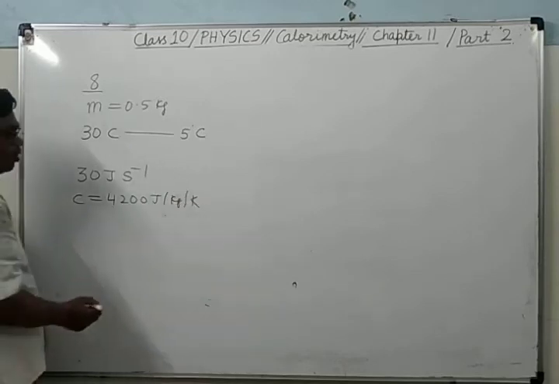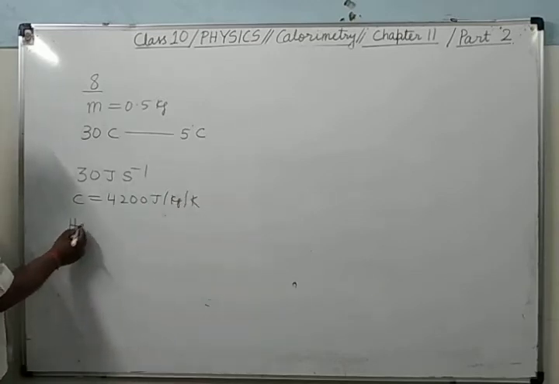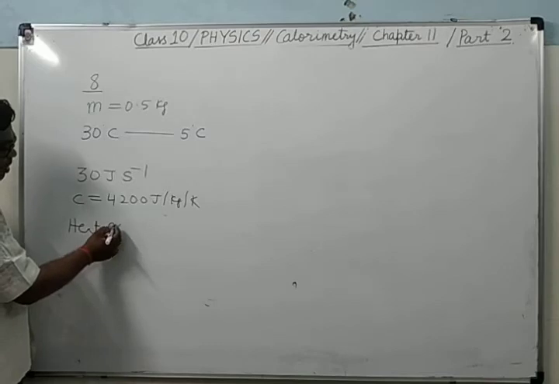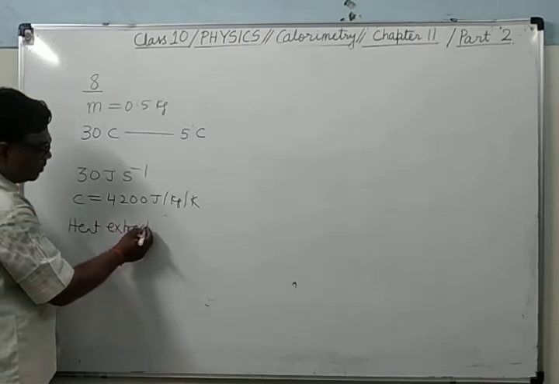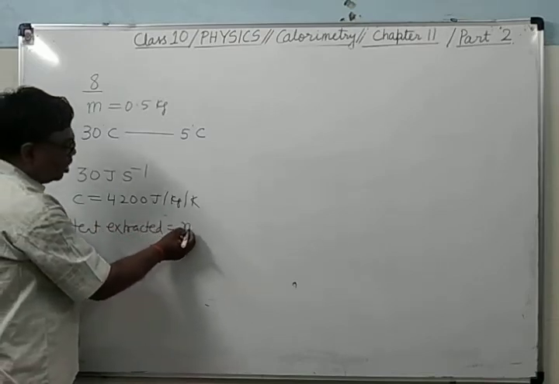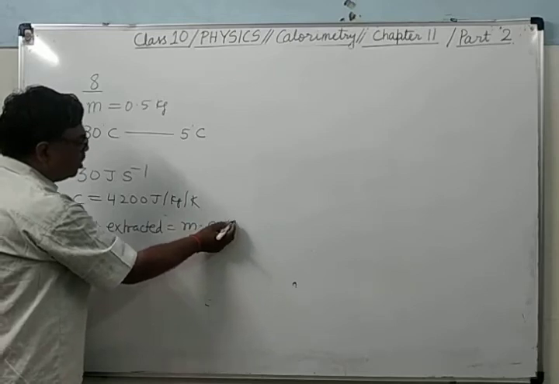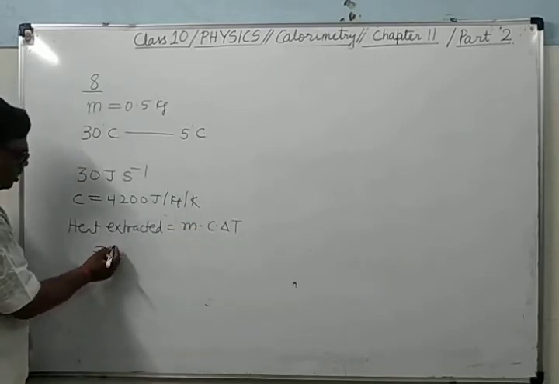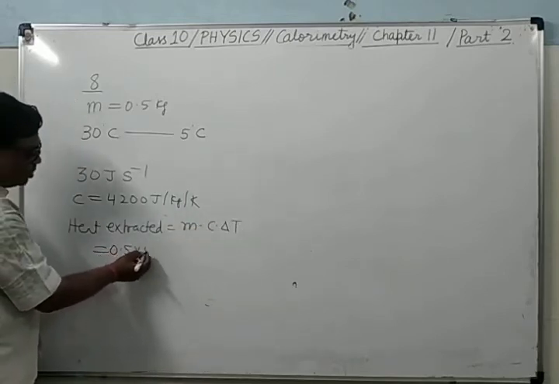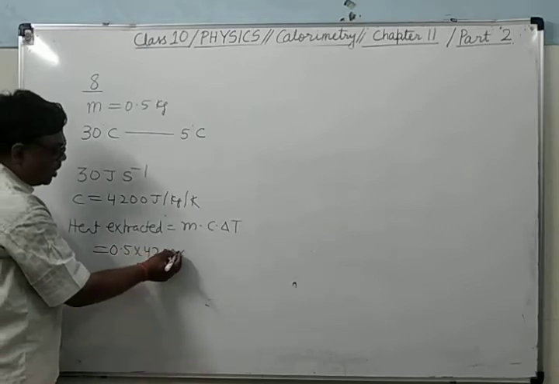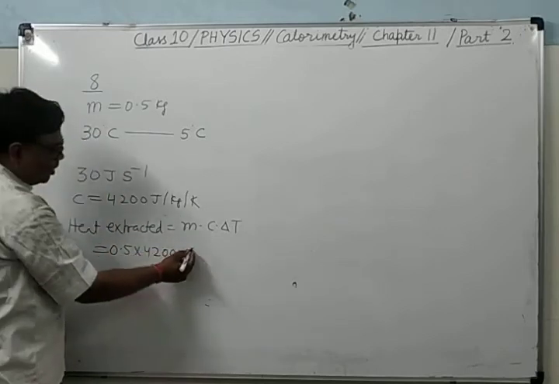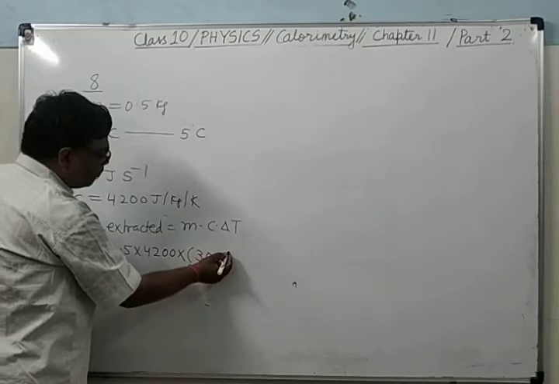So first you require to find out the heat extracted, which is equal to M into C into delta T. What is M here? 0.5. C is 4200. Delta T is how much? 30 minus 5.